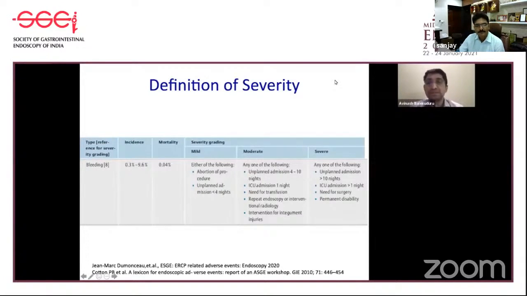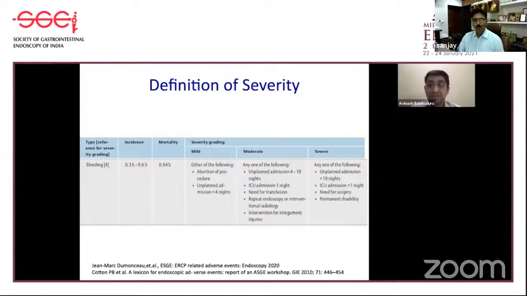But the thing is they have defined what is the severity. When we say mild, it is either of the following, that is abortion, that is bleeding which necessitates stopping of the procedure, or which causes an unplanned admission for less than 4 nights. And in severe, there is an unplanned admission which is more than 10 nights, needing an ICU admission for a night, requiring surgery, and a permanent disability.